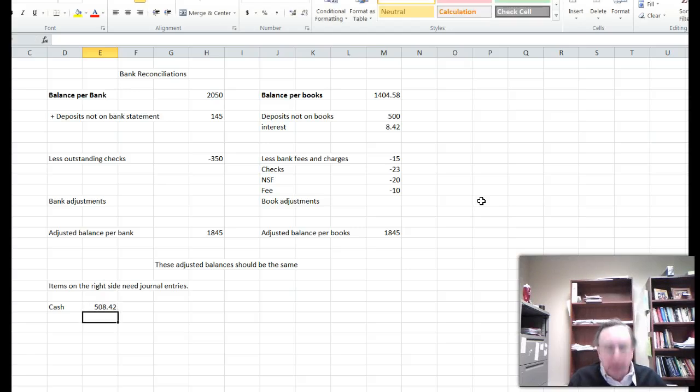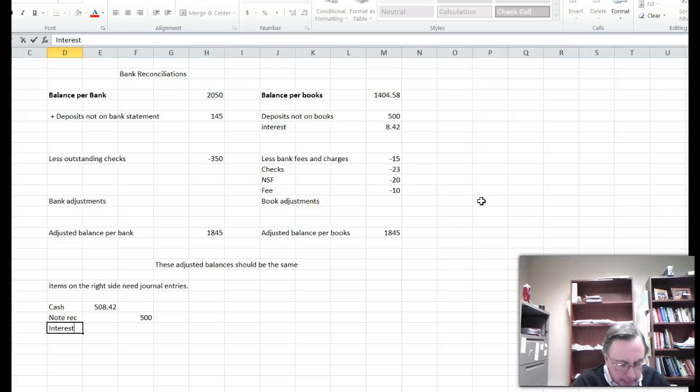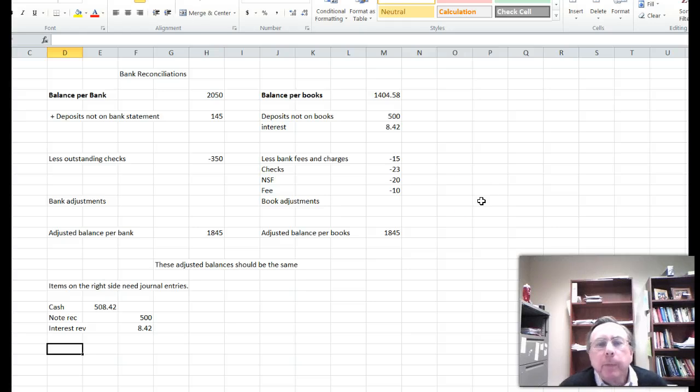Looks good. And we're going to credit note receivable for the $500. And we're going to credit interest revenue for $8.42. We're good there.